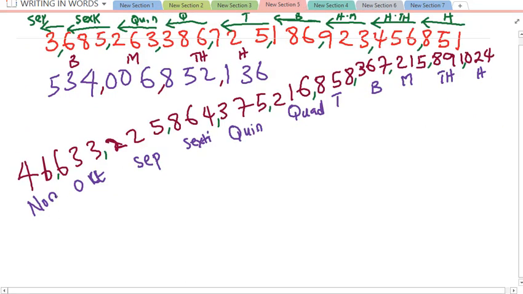So let's start from this. Because this nonillion just has two numbers, it talks about the tens and units. So this is tens of nonillion.